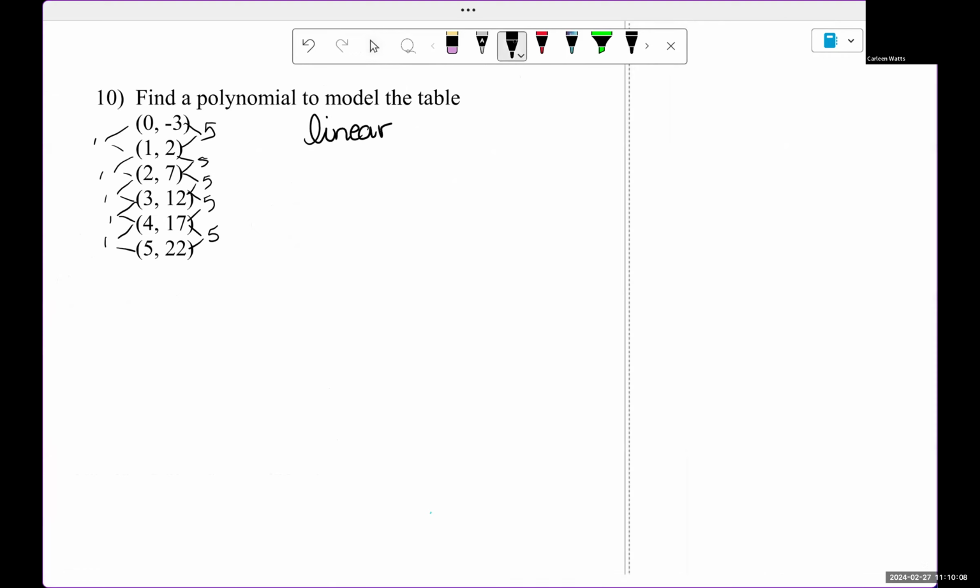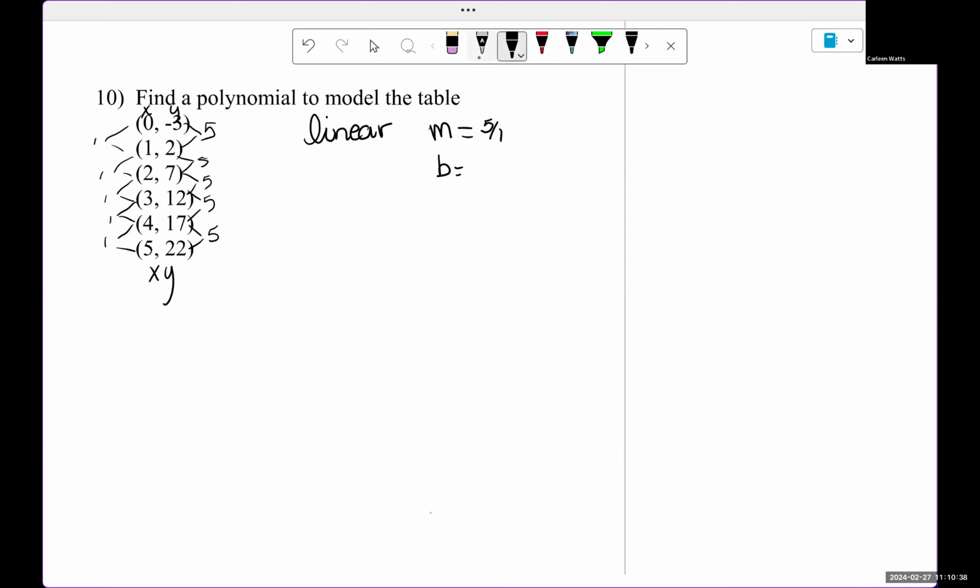Okay, so I need M and I need B. Okay, M is, we're going to say for right now, 5/1. Yeah, change in Y over change in X. These are my X's, these are my Y's.